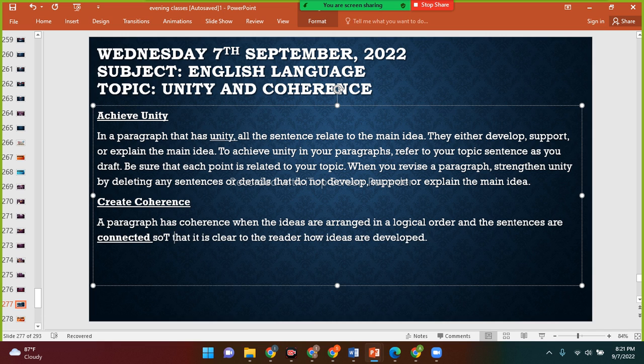Now, coherence deals with how you organize your work and the logical order in which it flows.